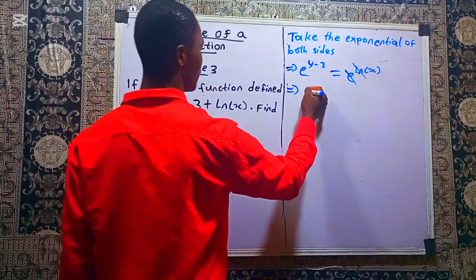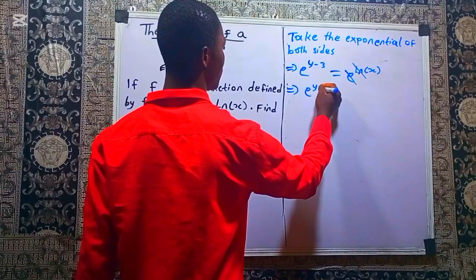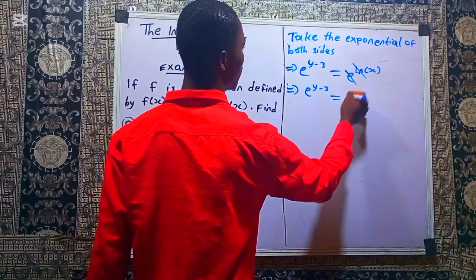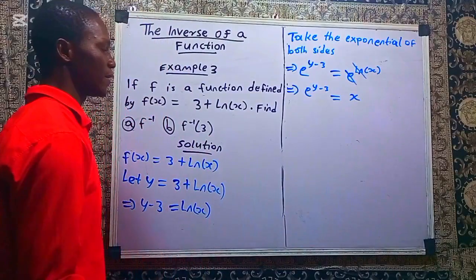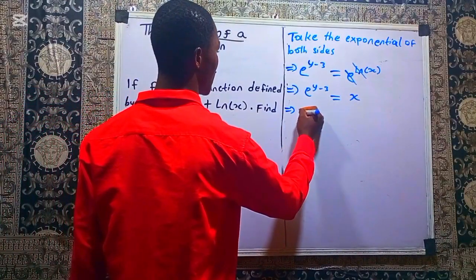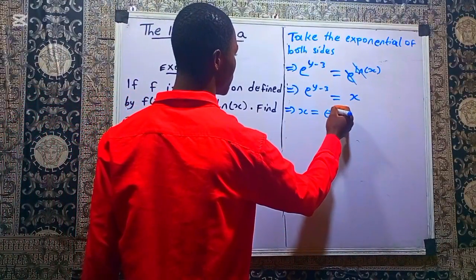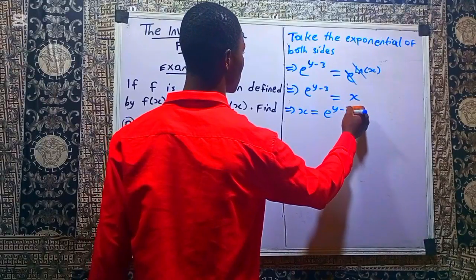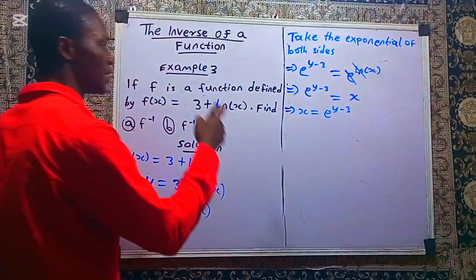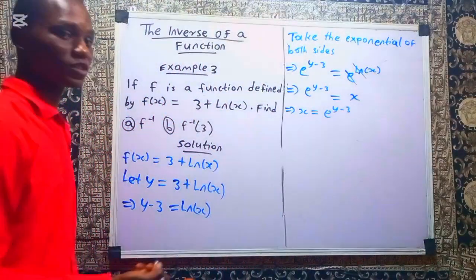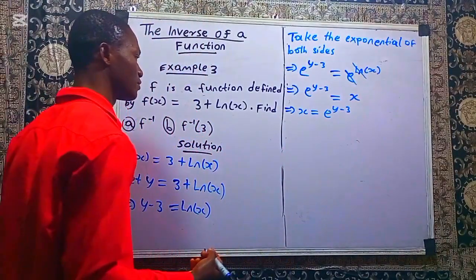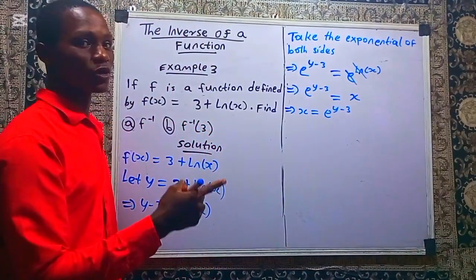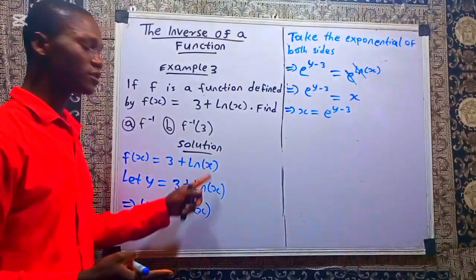So you now have exponential y minus 3 is equal to x. This simply implies that x is equal to exponential y minus 3. So clearly you have made x the subject.